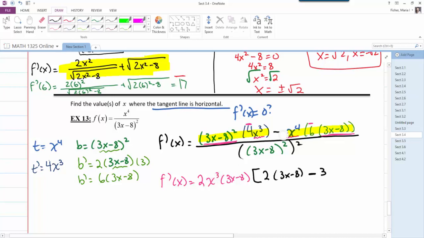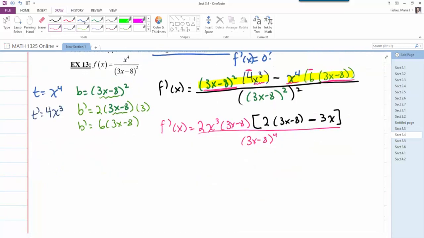If you take an x cubed from an x to the fourth, you're left with an x. And if you take a 3x minus 8 from a 3x minus 8, that cancels right out. And this is going to be all over 3x minus 8. Now power to power, we multiply our exponents, so 2 times 2 is 4. And then we might notice right now that we can cancel one of these 3x minus 8s. So we're going to go ahead and do that.